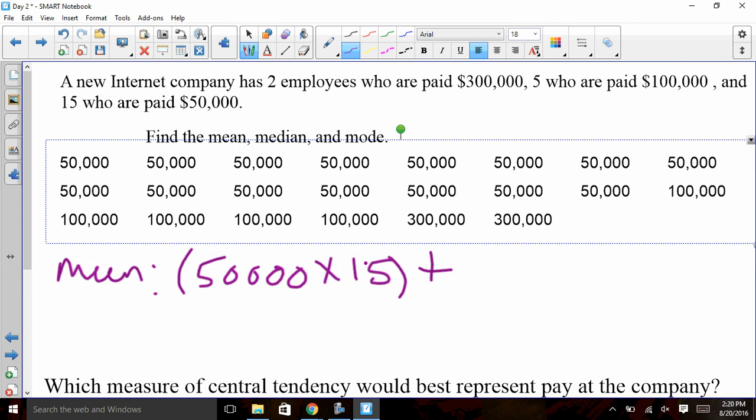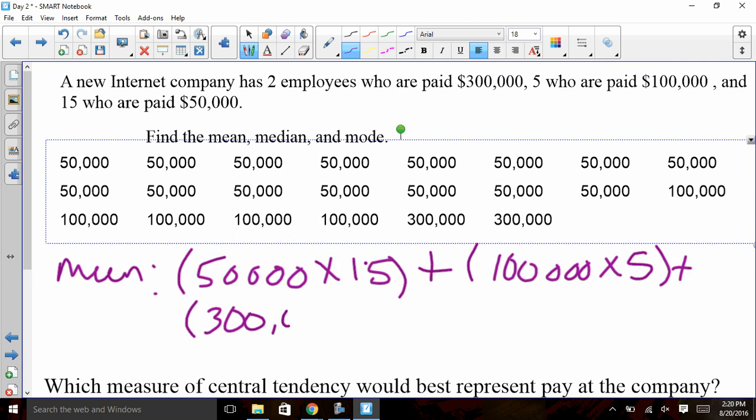Then we're going to take that plus all of the 100,000s. And we had 5 of those, so we're going to add that in there as well. And then we're going to add those last 2 values of 300,000.